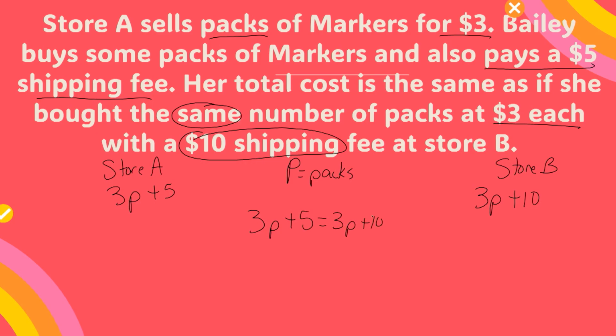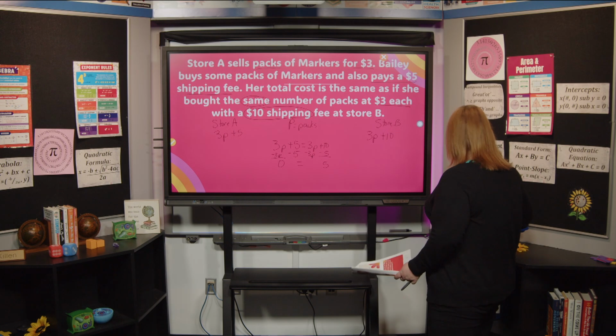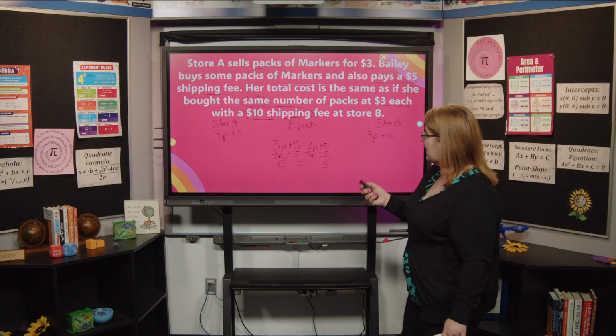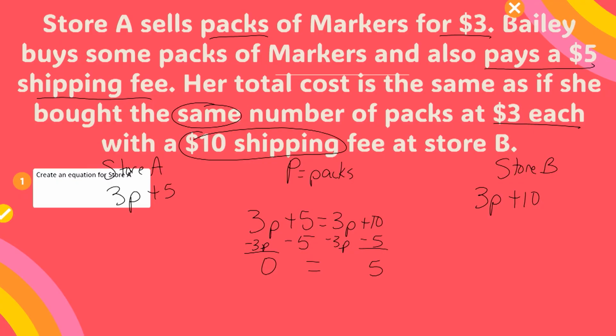So let's see. Let's subtract 5. So I have 5. Let's subtract and put my p's here. Again, you cannot be broke and have $5 at the same time. So let's see what this says. Create an equation for store A, which we did.